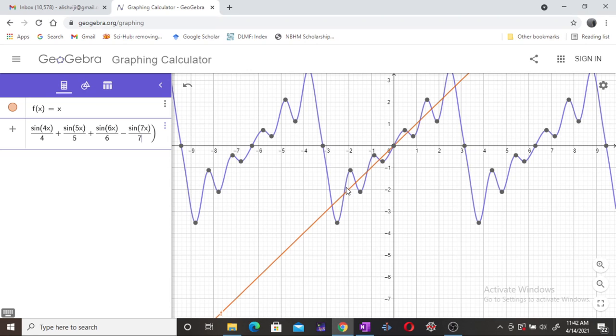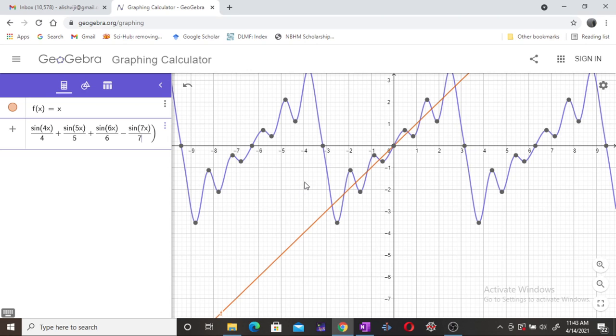And as we approach the point of discontinuity, the difference between the original function and the Fourier series representation becomes large. At the point of discontinuity, the Fourier series is not going to converge to the value of the function at that point.